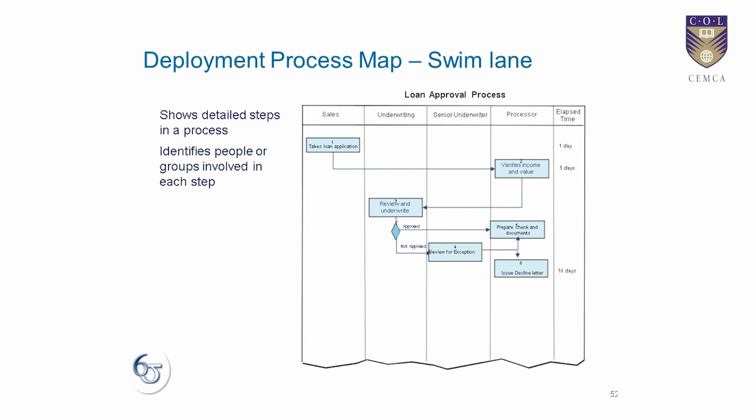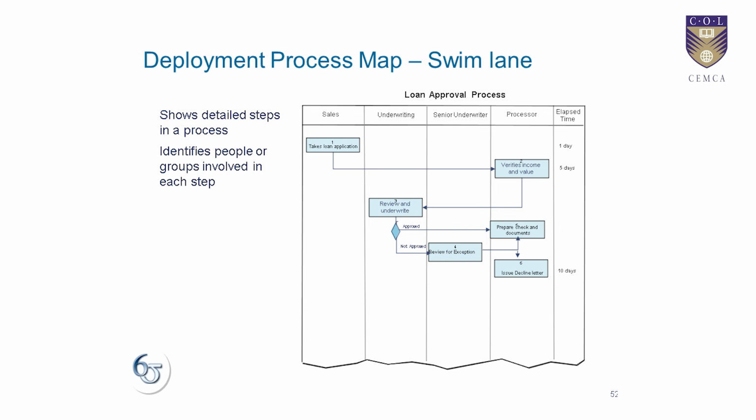Similarly, we represent different functions or teams in an organization as one lane. For example, when we apply for a loan, there is a team called the processor whose job is to process your application for the loan.